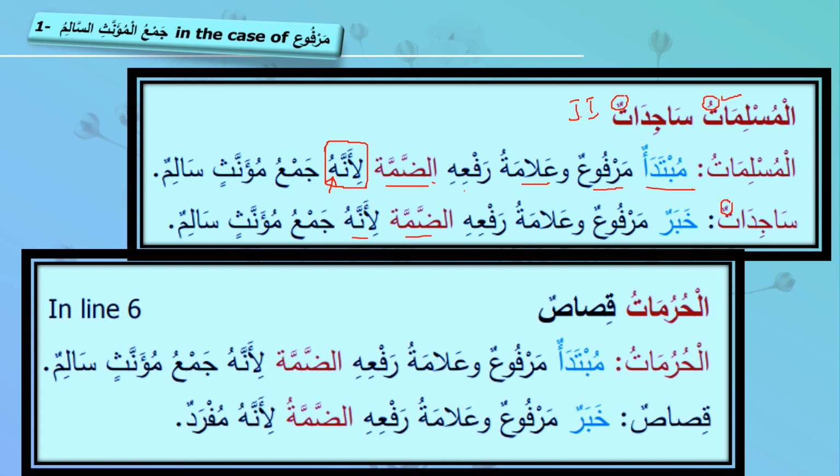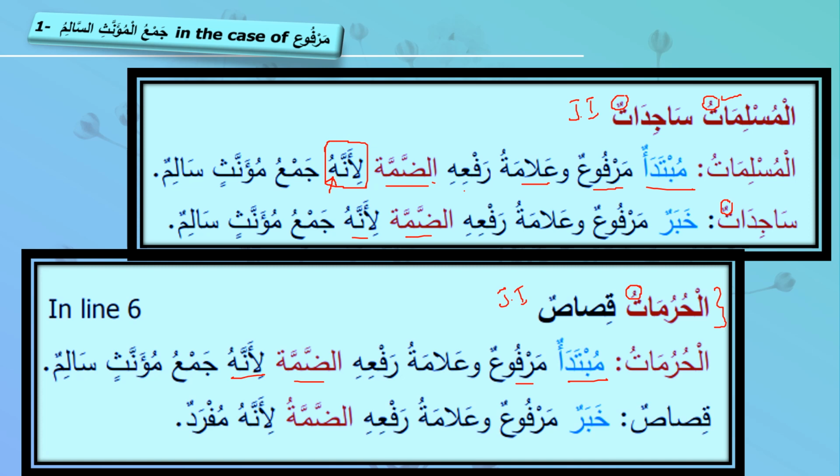The next example, al-hurumat. Al-hurumat qisasun. So it is jumla ismiya. Hurumat is mubtada and it's marfu, and the sign alama is raf ad-dhamma. Why? You can see the visible dhamma on the Jama Muannas. So you have to give your reasons. Li annahu Jama Muannas Salim.